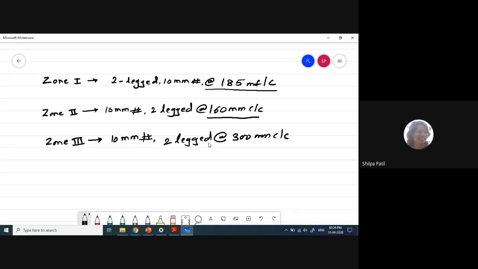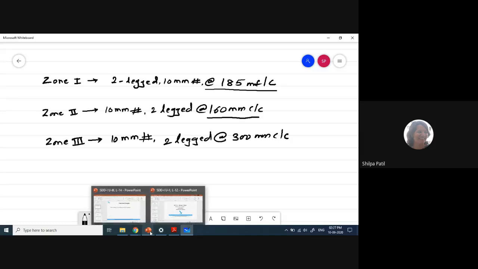At least you should understand the concept and where our calculations are going wrong, and definitely you will also get practice in how to use the code. Okay, so this is about the second problem. Then let us move to the next problem.